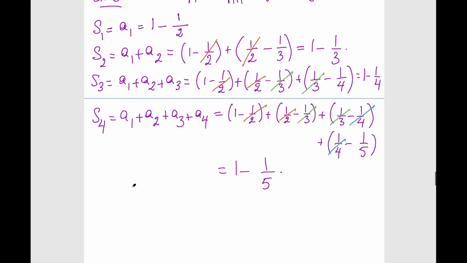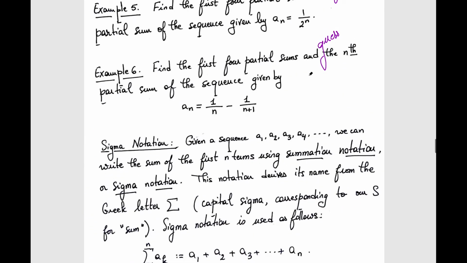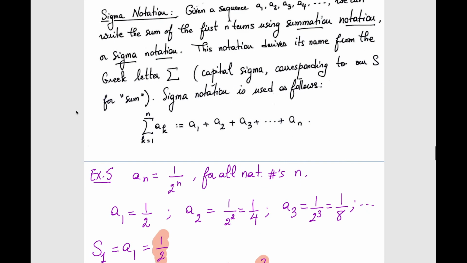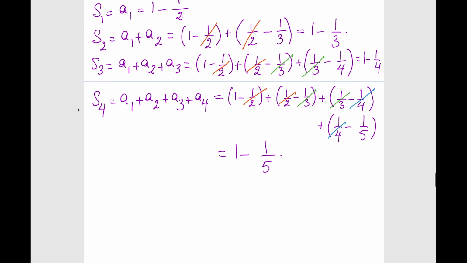So a good guess for the nth partial sum would be Sn is 1 minus 1 over n plus 1, right? That would be a good guess. Let me convince you even more. Sn is A1 plus A2 plus A3 all the way to the nth term.